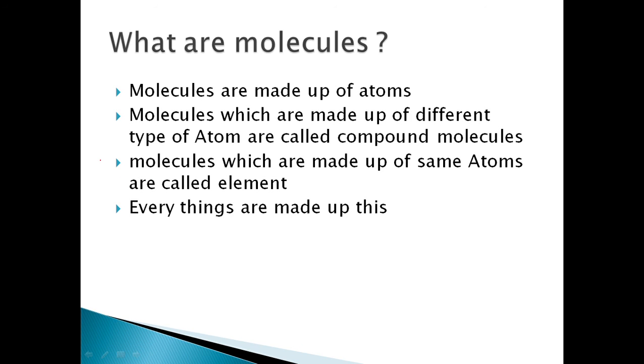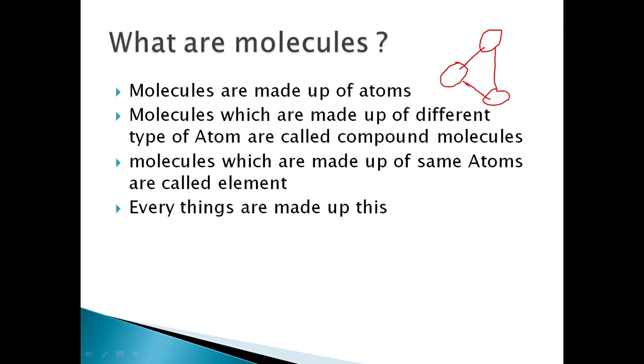Okay, so molecules which are made up of the same atoms are called molecules of elements. So let's see what about that. We will make a simple drawing of a molecule like before. This is one atom, this is our second atom, this is our third atom, and the third atom is joined to the first atom.